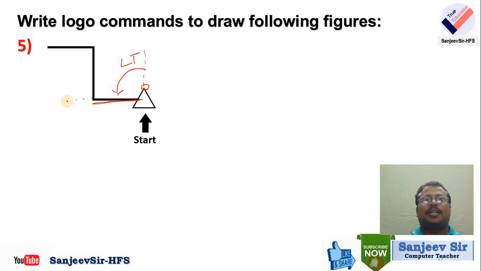After that the turtle will not go in this direction, the turtle needs to turn here, that means RT will be here, and the turtle will not go in this direction, the turtle needs to draw here, that means turn here, that is LT will be here. That means after assuming the turning position of the turtle at the corner, we can easily write the command. I hope you can write the question number 5, you will get help from number 4. I have described it here also.